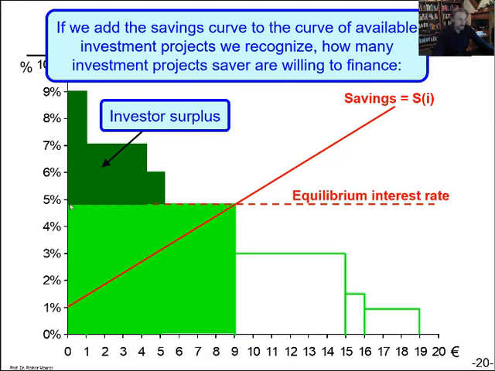Consequently, these interest payments are represented by the green surface of this rectangle here.